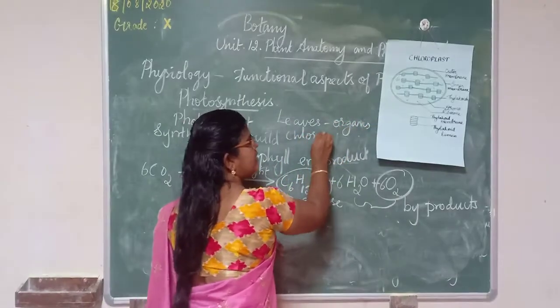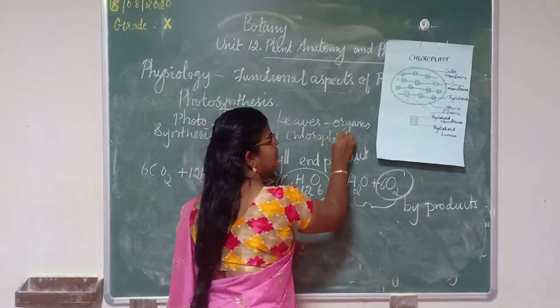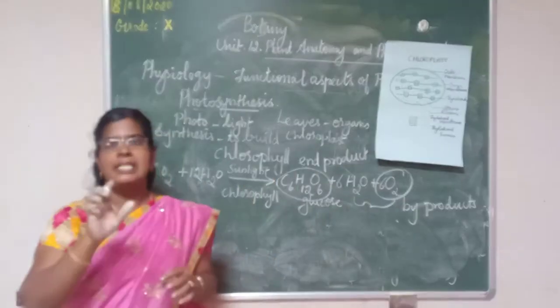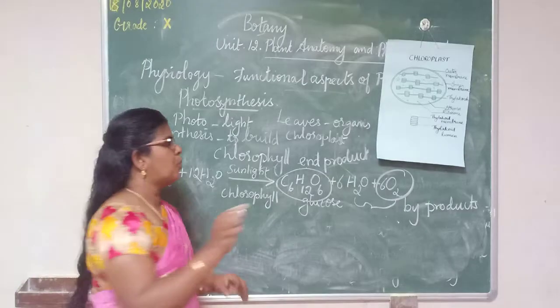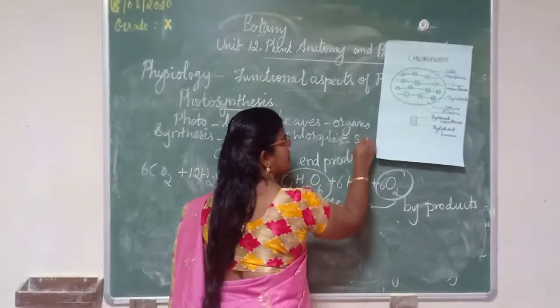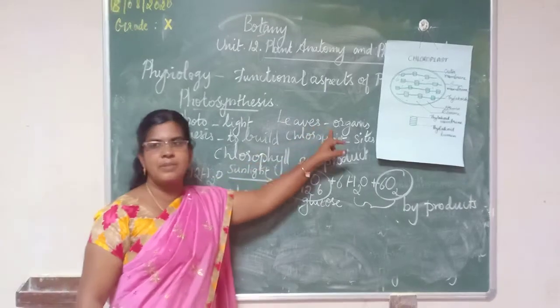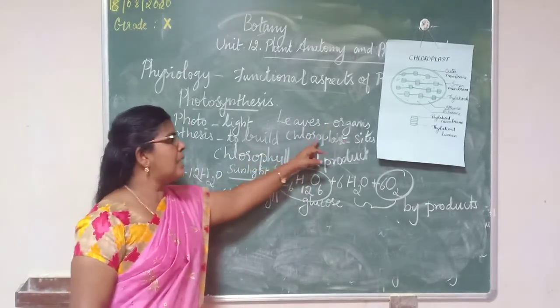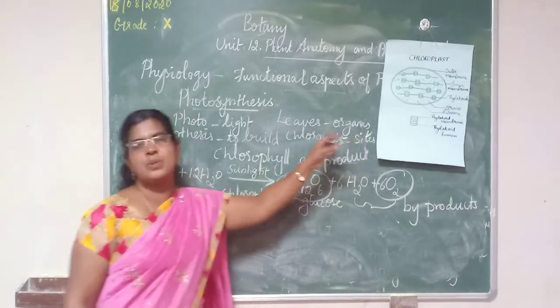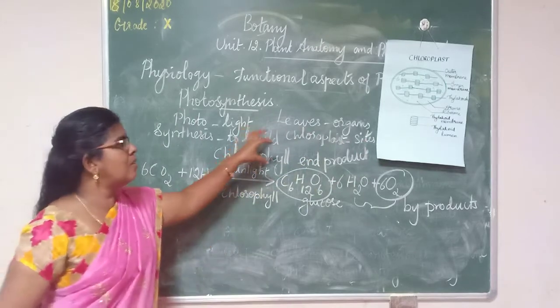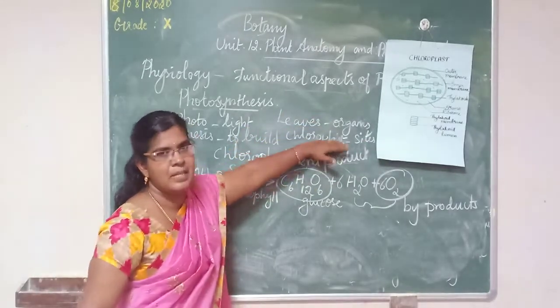Chloroplast is the site for photosynthesis because the photosynthetic reaction takes place inside the chloroplast. So leaves are the organs and chloroplasts are the sites of photosynthesis, where this photosynthetic reaction takes place.